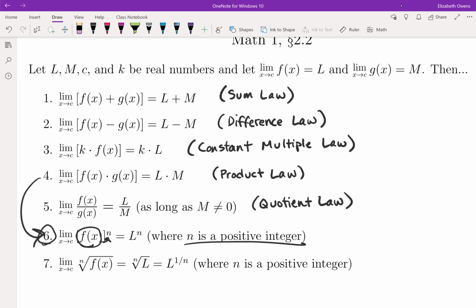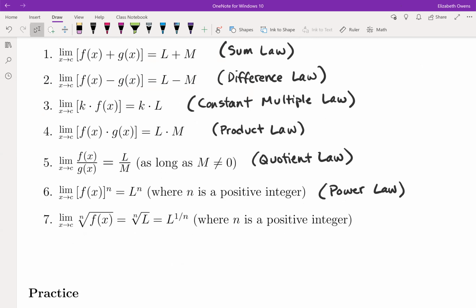So what ends up happening when we repeatedly apply that law is we just end up taking the limit to that same power. So if you're taking f of x to the n power, the result for the limit is going to be L to the n power. So this is the power law for limits.